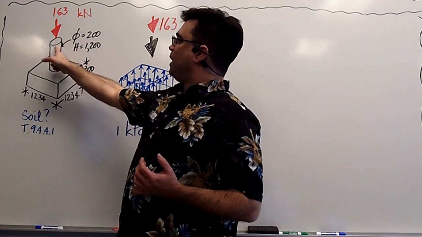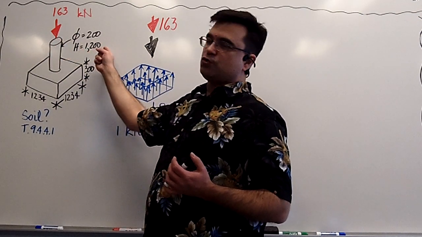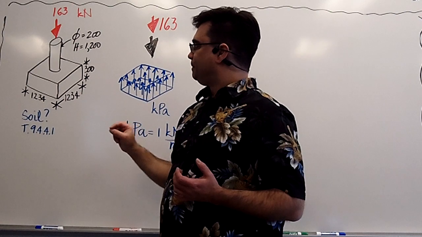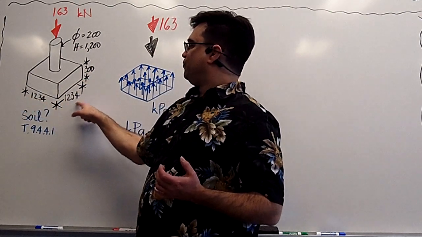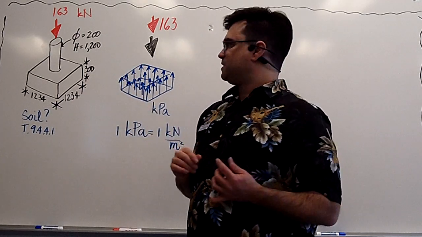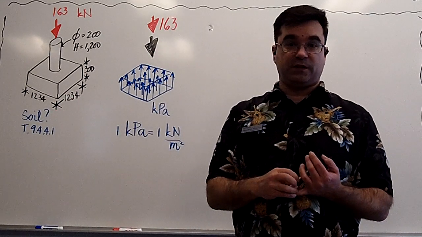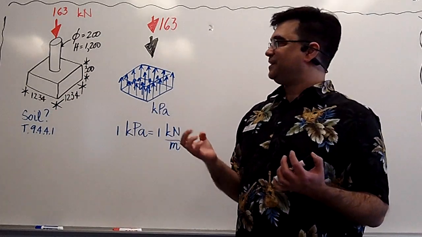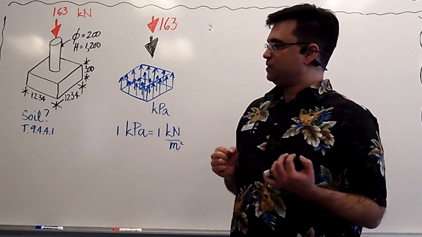It is 200 millimeters in diameter, 1.2 meters or 1200 millimeters in height, and the pad measures 1,234 on each side by a thickness of 300 millimeters. Everything is in millimeters. The question is, what kind of soil should we expect to put under there to ensure that this building stays up, right? That this does not sink into the soil.